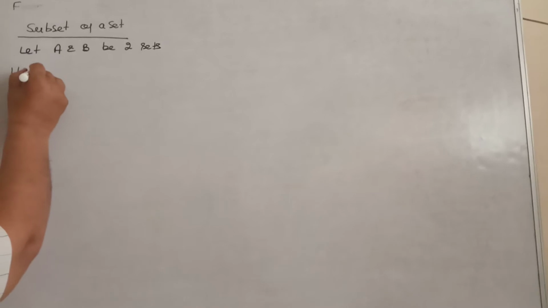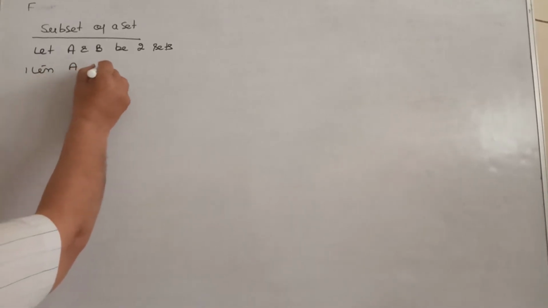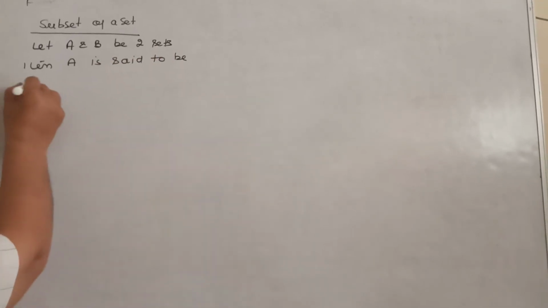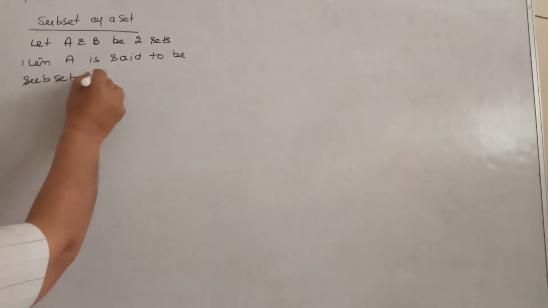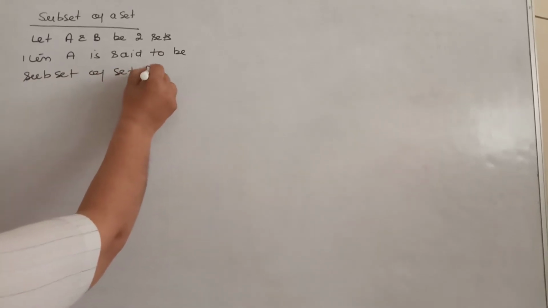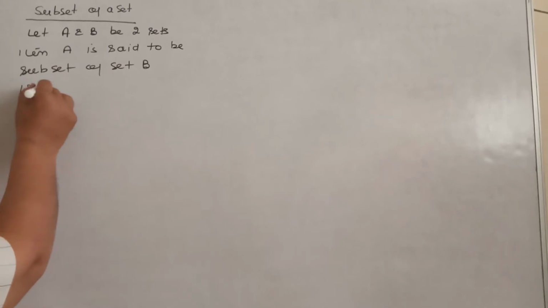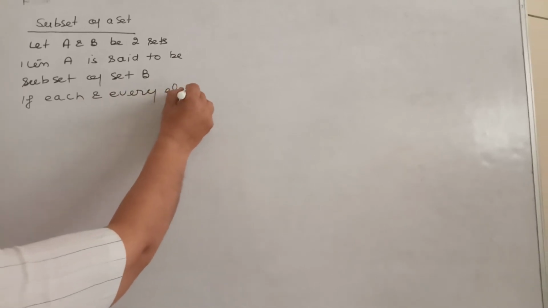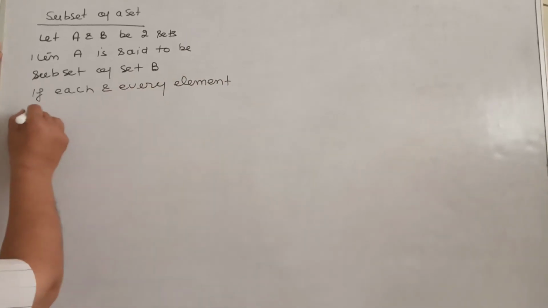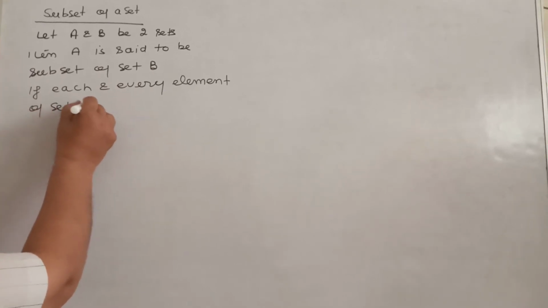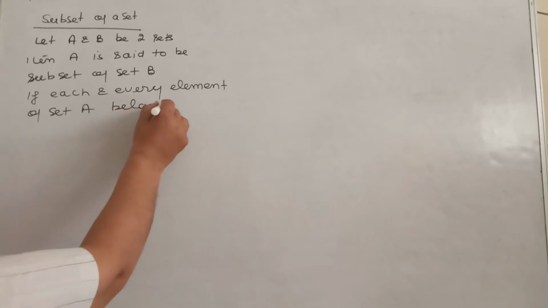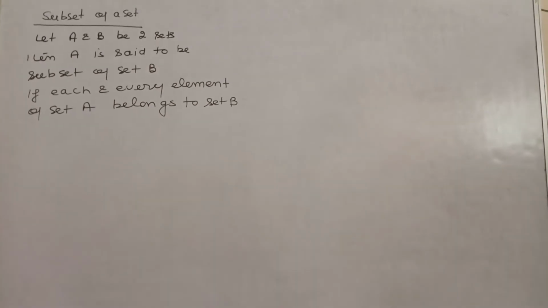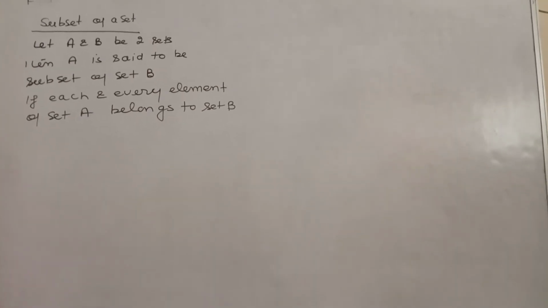Then A is said to be a subset of set B if each and every element of set A belongs to set B.